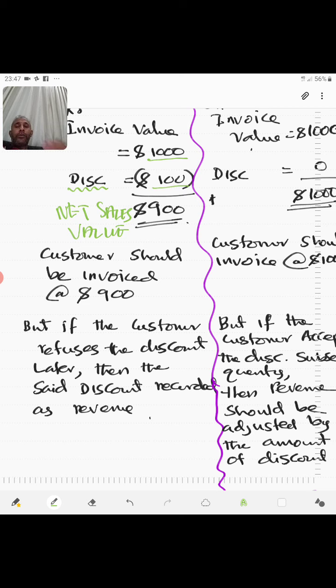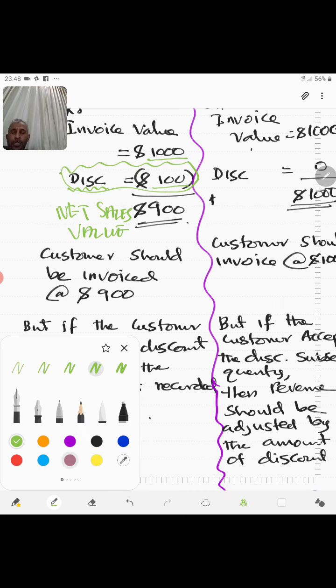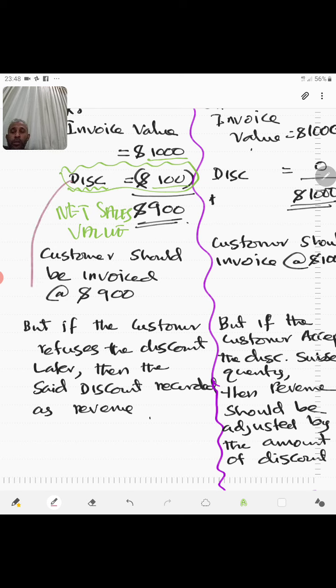Now there could be a contingent scenario where, subsequent to invoicing, the customer says, I don't want any such discount. If that happens, you need to reverse that amount of discount which has been reduced, and reverse it as revenue.